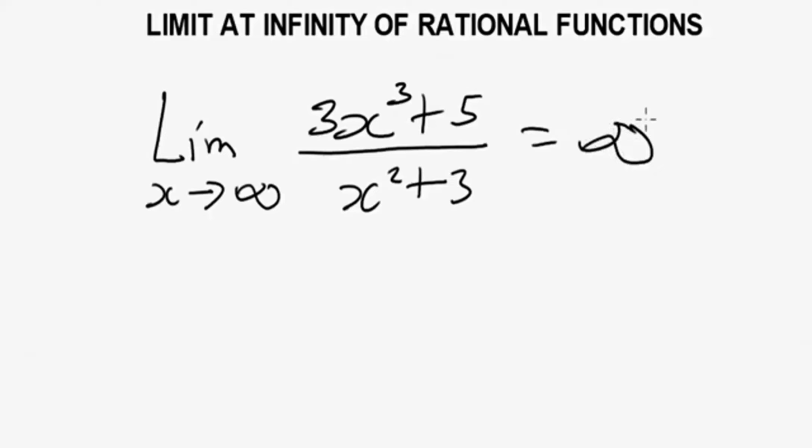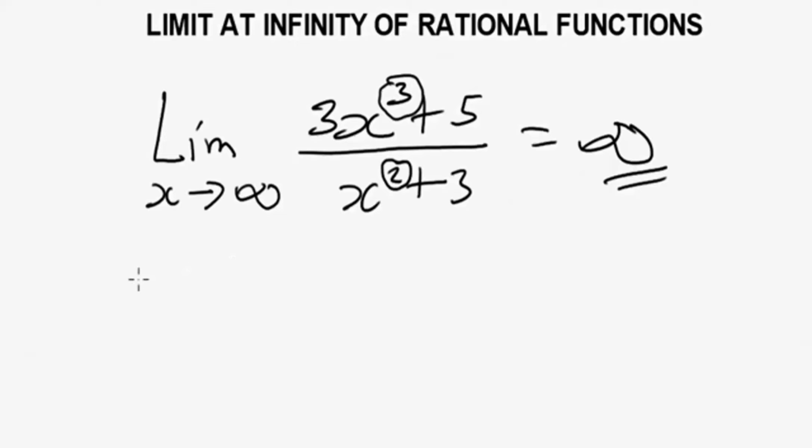Thus, it is indeterminate. We cannot define these limits. If you look at the numerator, the highest power of x here is 3, and in the denominator the highest power of x here is 2. So the power of the numerator is higher than that of the denominator. In this situation, the limit does not exist. So this will be our answer.